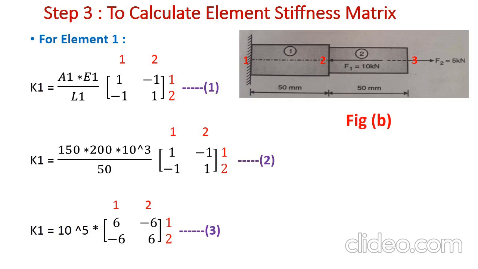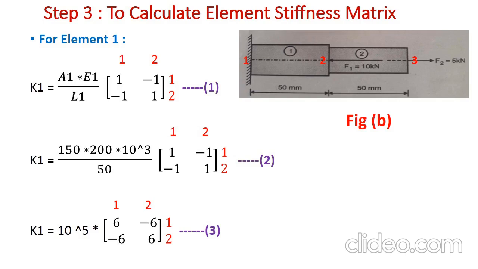So elemental stiffness matrix is represented by letter K. A1 is area of first element, E1 is modulus of elasticity for first element, while L1 is length of the first element. Therefore, K1 is equal to A1 E1 upon L1, [1, -1; -1, 1].